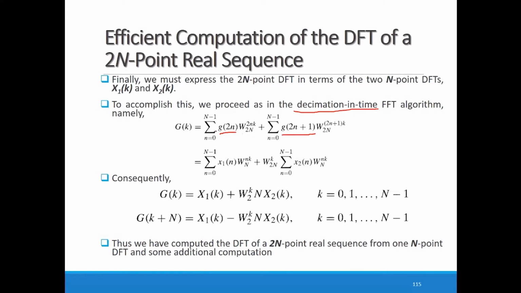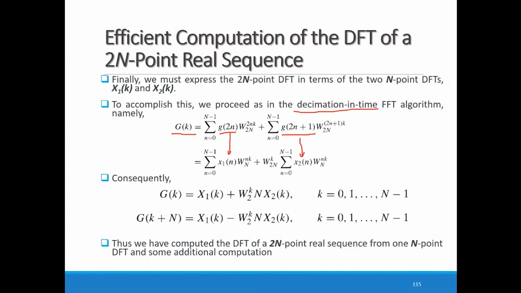We define the new notation capital G of k, which is the sum from n equal to 0 to N minus 1 of g of 2n, the even part of the sequence, times W to the power 2nk, plus the sum from n equal to 0 to N minus 1 of g of 2n plus 1 times W to the power (2n plus 1) times k. This is the even part and this is the odd part of the sequence. As mentioned, g of 2n we assign the notation x1(n), and g of 2n plus 1 we assign the notation x2(n).